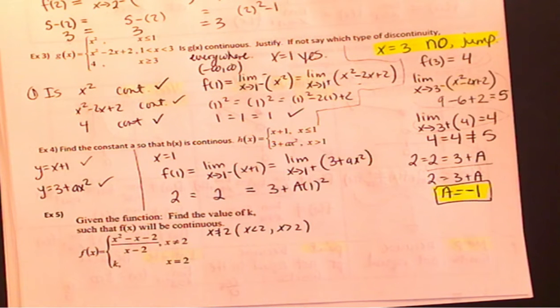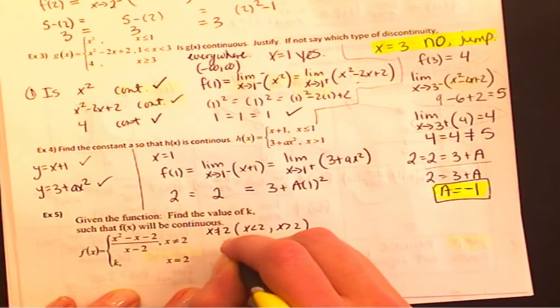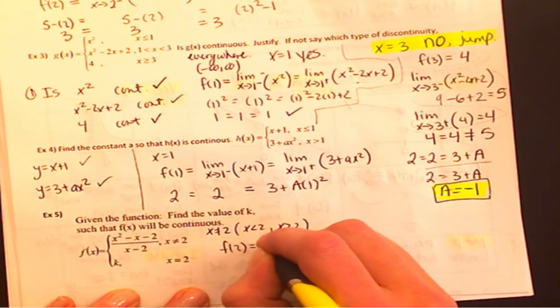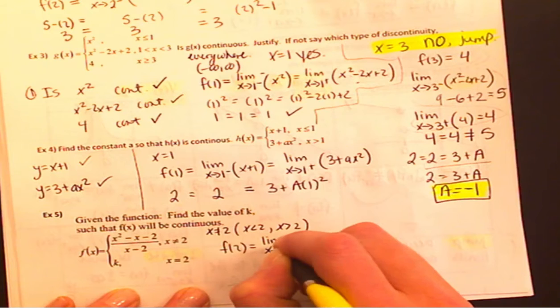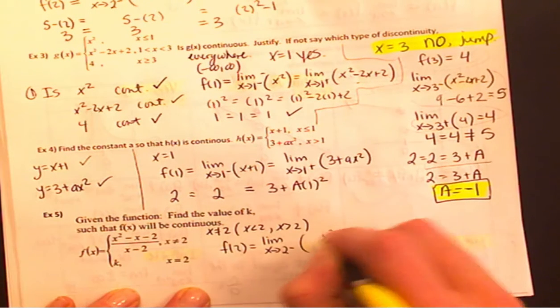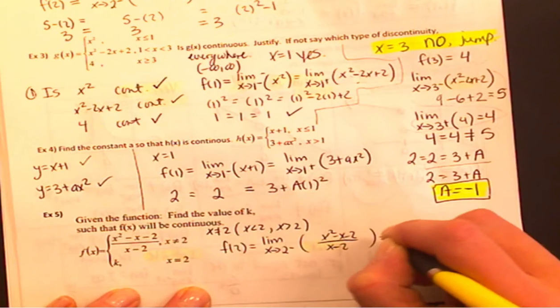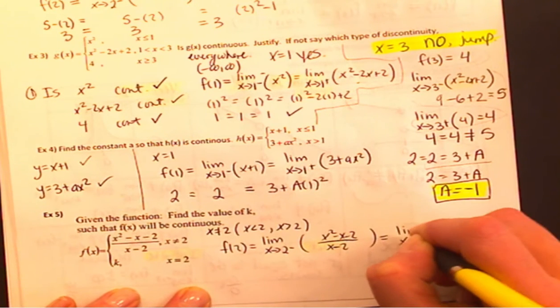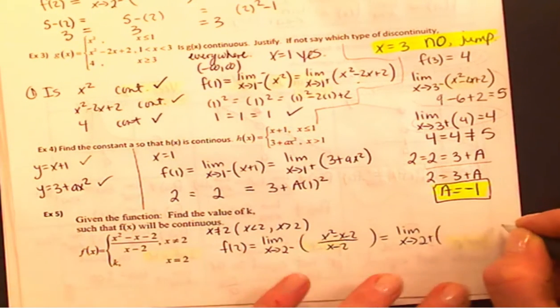If you don't remember your login, please ask me. Don't make a new account. Okay, so let's see. F of 2 equals the limit as x approaches 2 from the left equals the limit as x approaches 2 from the right.